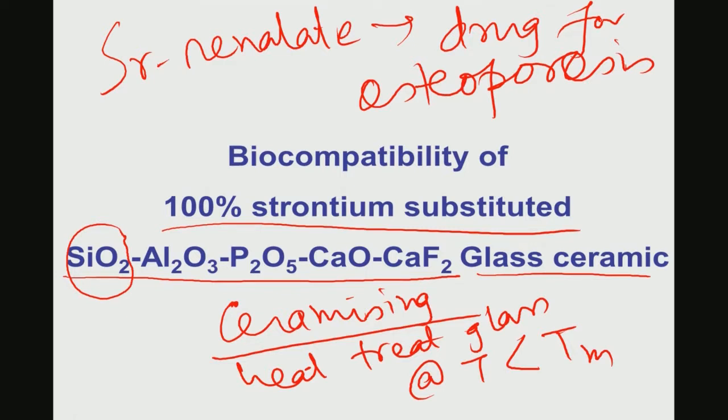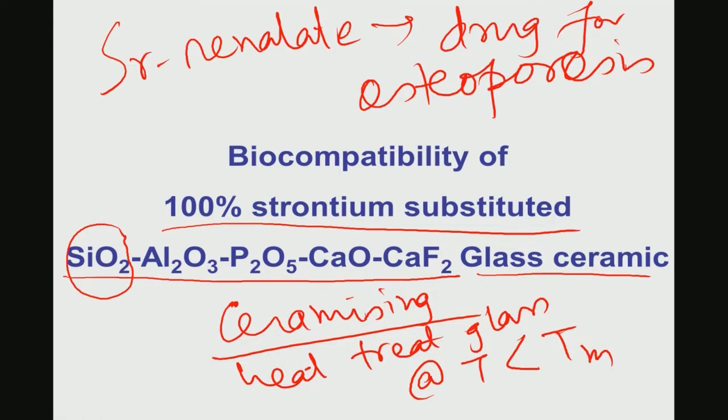The rationale is that when the glass ceramic undergoes in vitro dissolution, it will slowly release strontium also. Strontium can strike a healthy balance between osteoblast and osteoclast cells, and therefore its use can be rationalized for osteoporosis treatment.